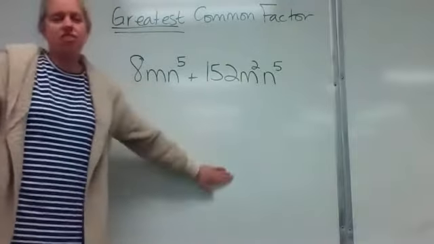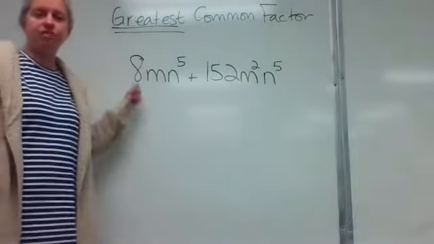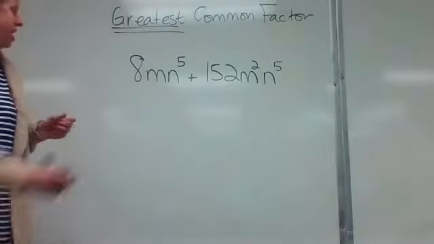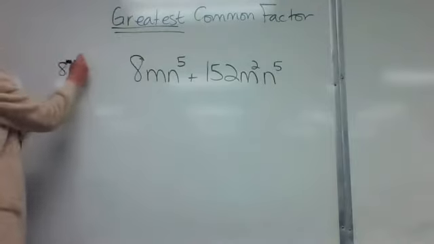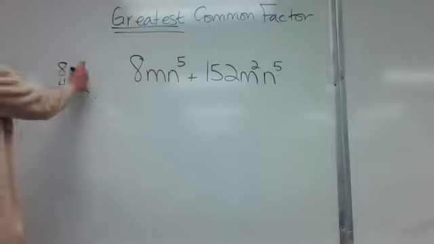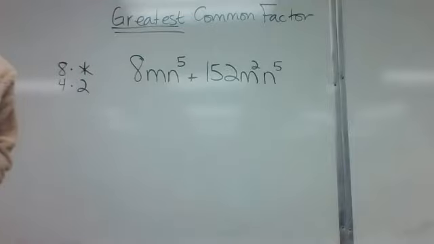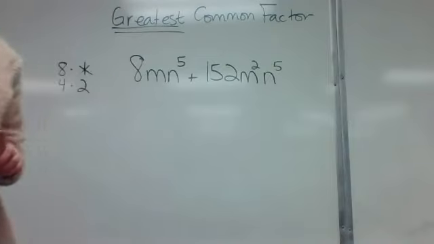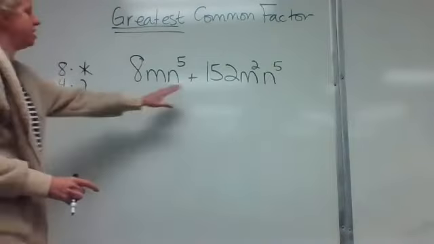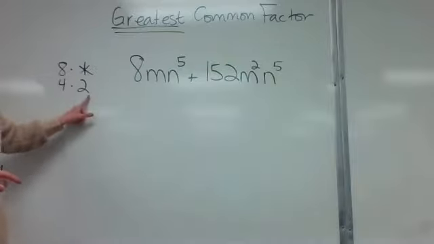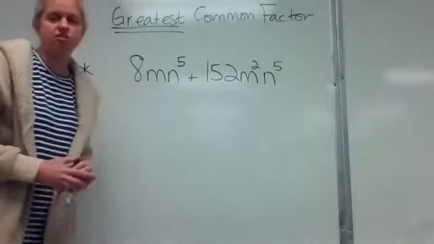I don't want to think about all the ways to multiply to get 152 when I can do this with the 8. Right? How do you multiply to get 8? 8 times 1 and 4 times 2. I don't even care about the 1 because it doesn't help me. So what do I want to check? I need to find the biggest number between these that 152 also divides evenly by.